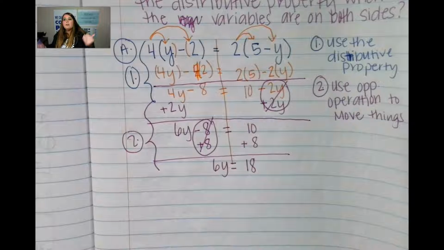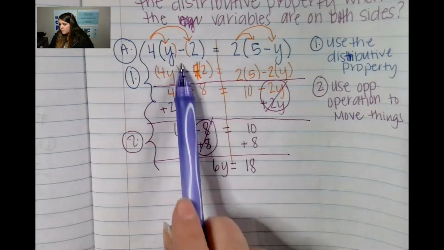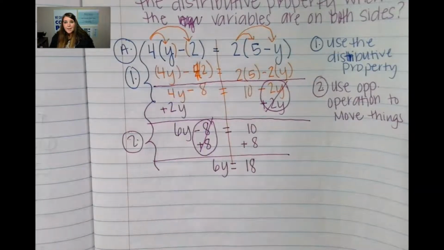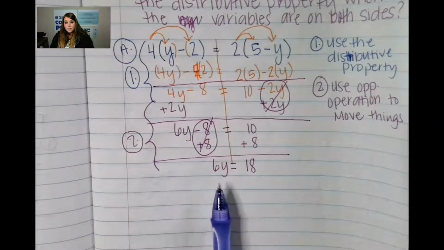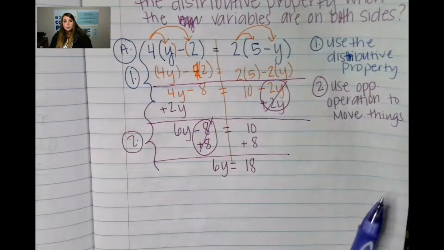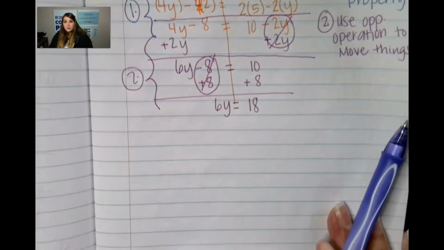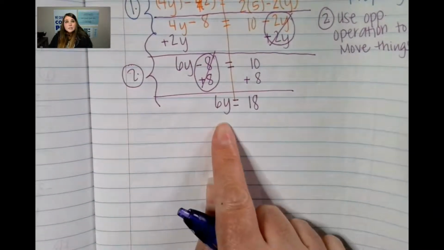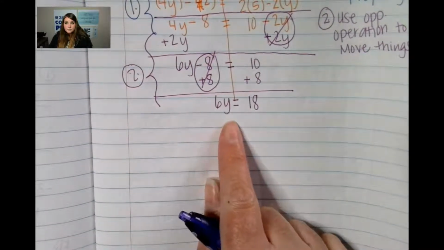Okay, so now that we've moved things around, so step 1, we use the distributive property, and now step 2, we've moved things around. Step 3, you are left with a single step equation.